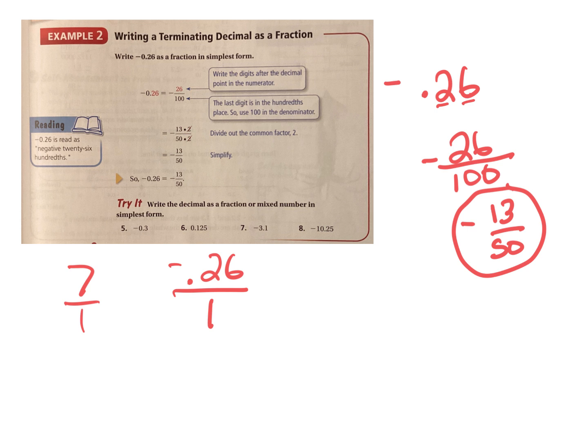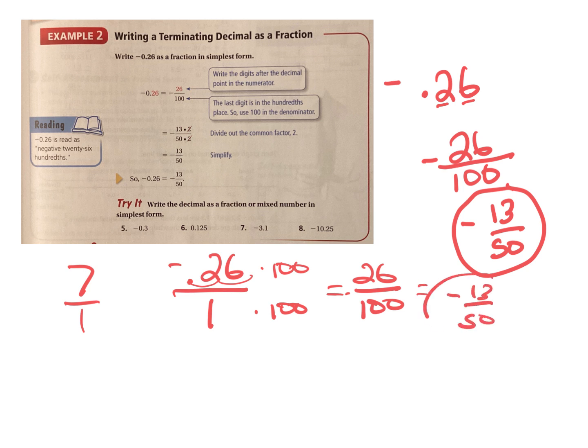I got to times the top by 100, and then I got to do the bottom by 100. So that gets me negative 26 over 100. Then I simplify it, and it gets me a negative 13 over 50. So either way works good.